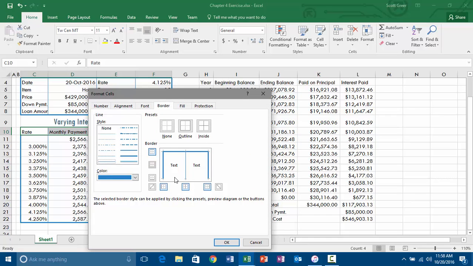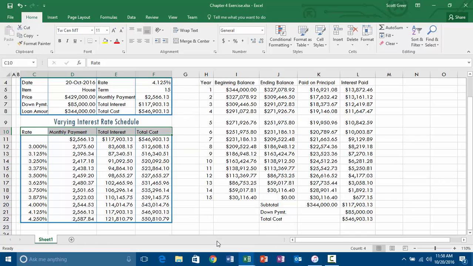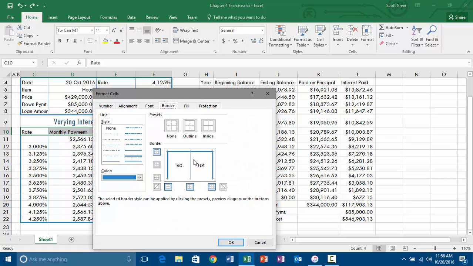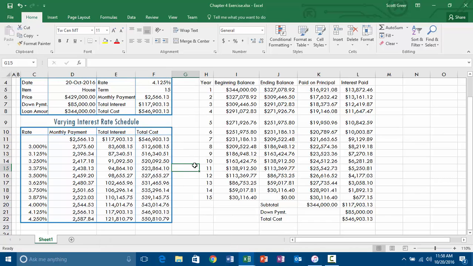Notice how the bottom of this one doesn't have anything on it right here. I'm just going to click on that. It's going to add the line to the bottom. And I've got my skinny line. And now you can see that we've got a small little line right here that matches the interior lines.